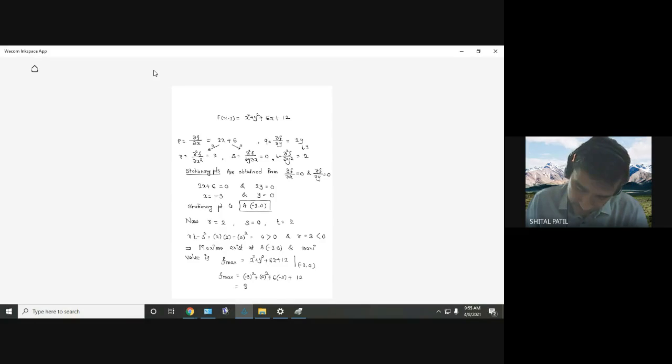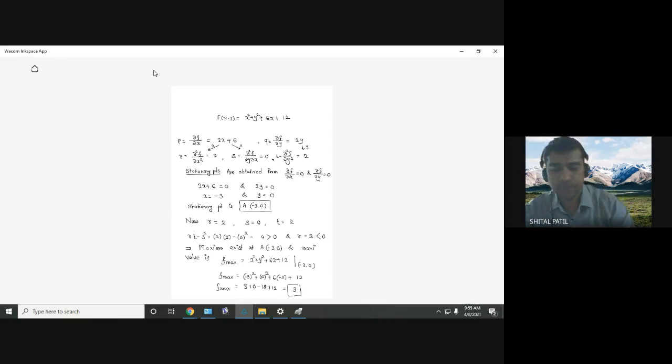So 9, 0, 3. Understood the example? Maxima exists at minus 3, 0 and maximum value is f max equal to 3. That's it. This is the solution.